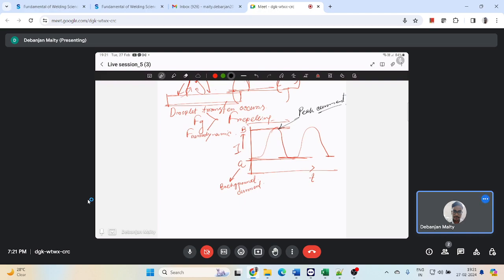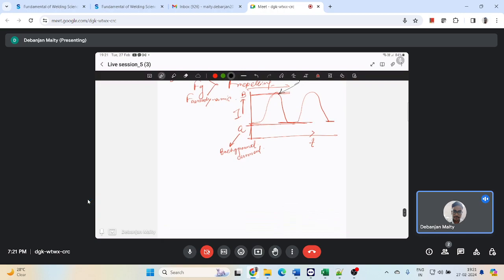So this is what happens in pulsed current transfer. During this transfer, initially it will try to form a droplet. So let's say this is my workpiece, and then it will form that neck. Initially this is my one, then this is my two. I am increasing my current, and then more neck will form.